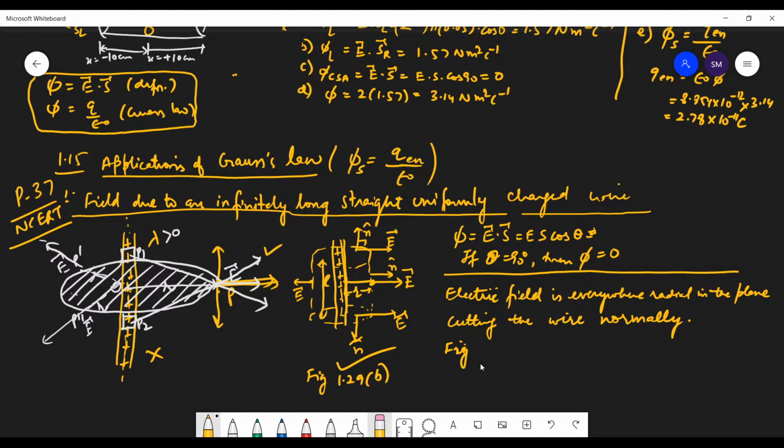Since the field is everywhere radial, cutting the wire, therefore the flux through the two ends of the cylindrical Gaussian surface is 0.